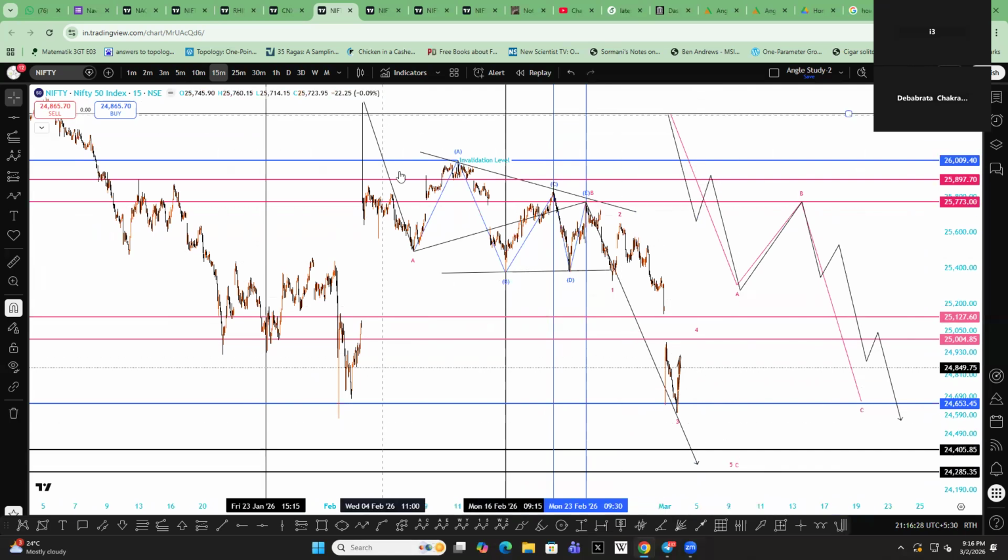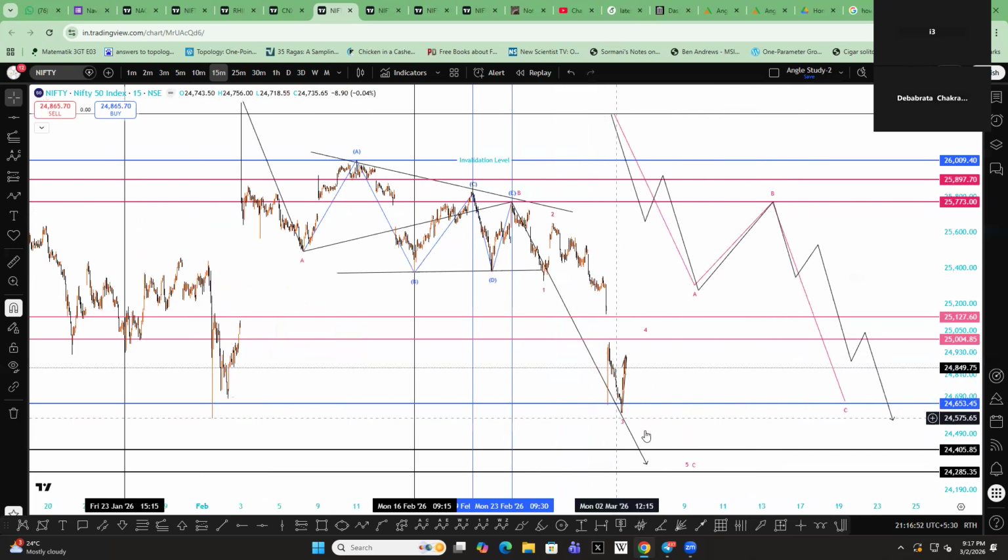Secondly, that this ABC is the first wave A, that is this 3-wave move, then a B wave pullback should come, and then another C may follow. So this is the future probability of the market, and for that case, 6th March is a very important date. I am marking it on the chart so that you can follow.